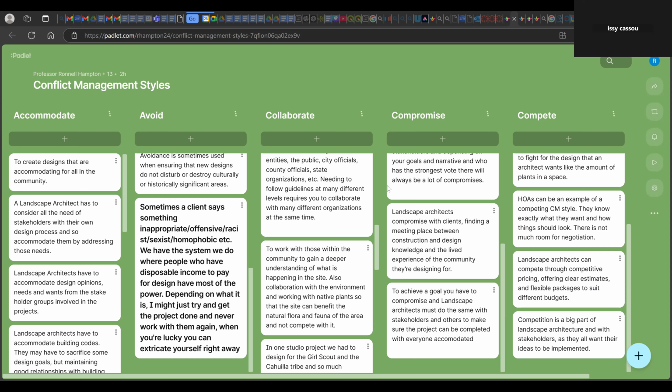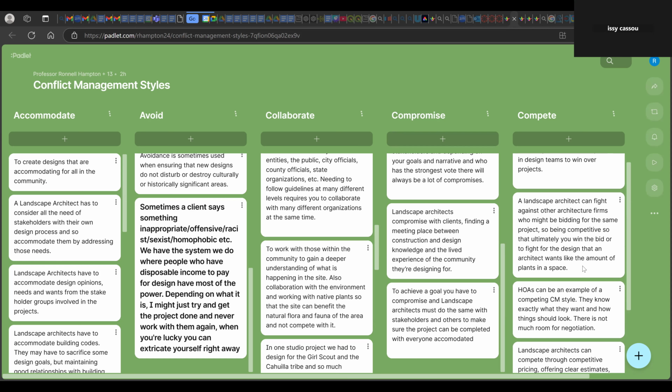I guess I'm looking at a landscape architect can fight against other architecture firms who might be bidding for the same project. So being competitive so that ultimately you win the bid, or to fight for the design that an architect wants, like the amount of plants in a space.